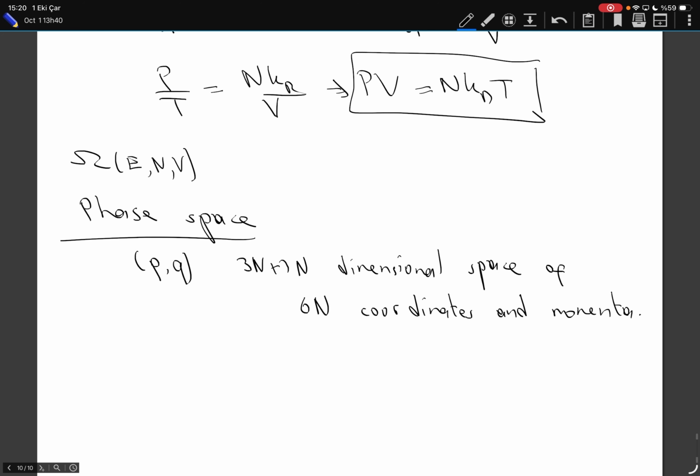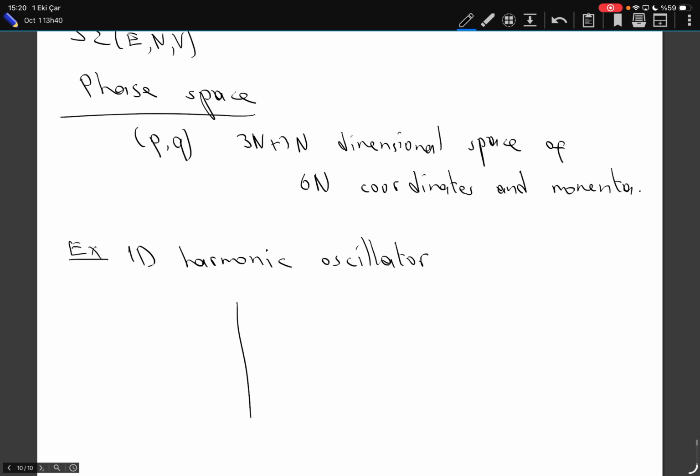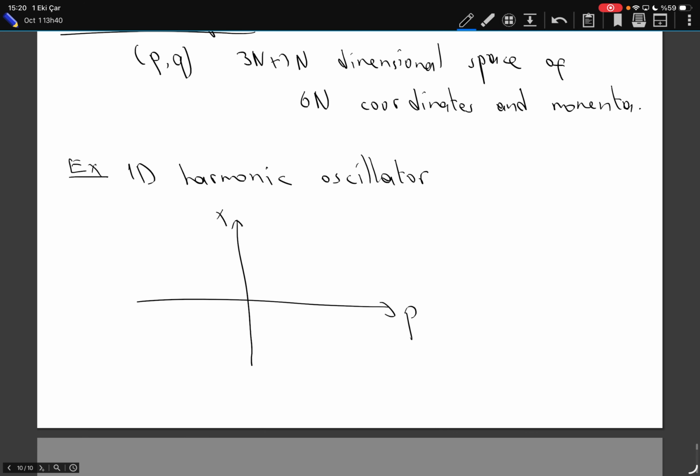As an example, let's look at the one-dimensional harmonic oscillator. It has its momentum and coordinate. If you specify a point in phase space, this corresponds to the specific momentum and coordinate of my oscillator, so that is the microstate of my system.